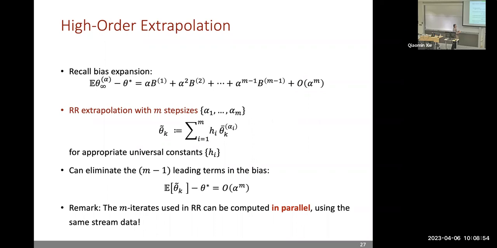If you choose the alpha sequence to be in geometric order, then this corresponds to solving a Vandermonde equation, so you can easily obtain these parameters. This does not require any information about the constants B1, B2, as long as they are constant, not depending on alpha. And one important thing here is that no matter what step size you use, they're all the same constants. That's the reason why we can eliminate the first m-1 leading order terms.